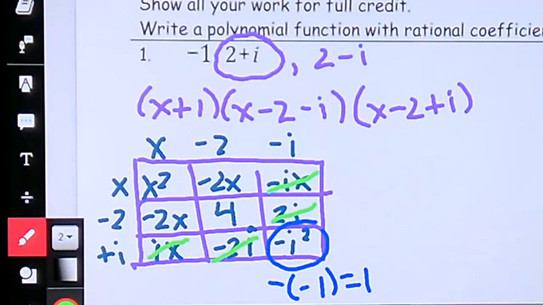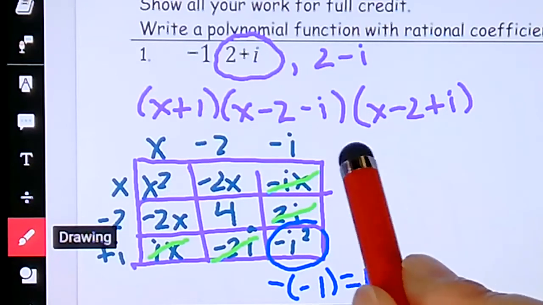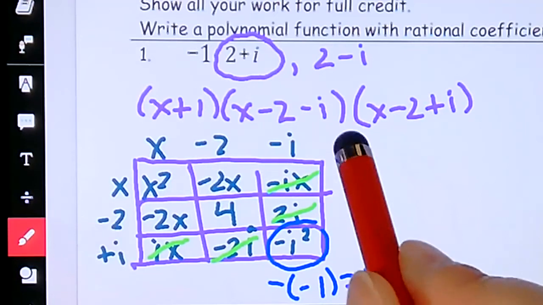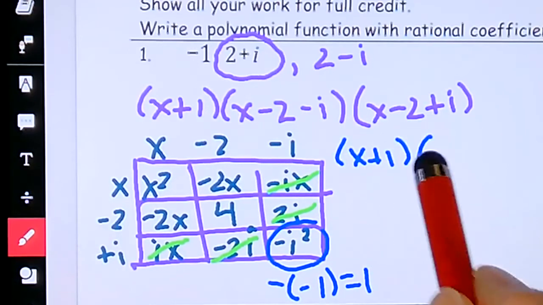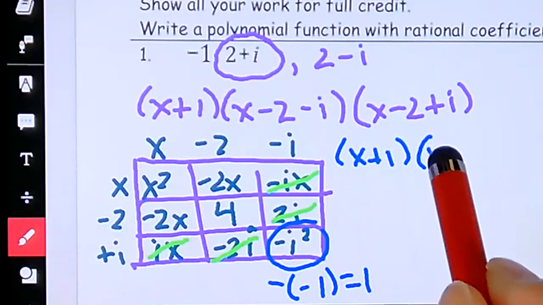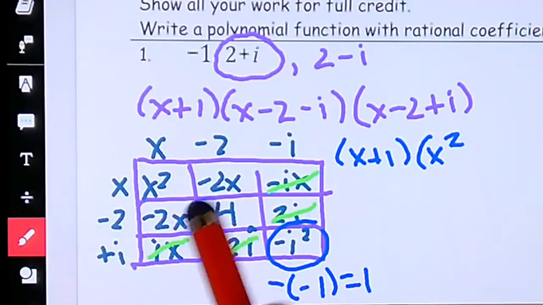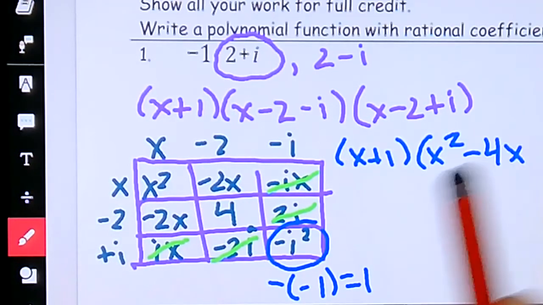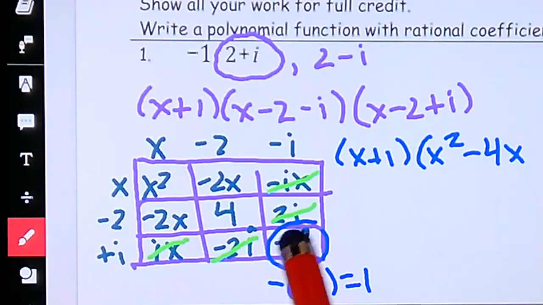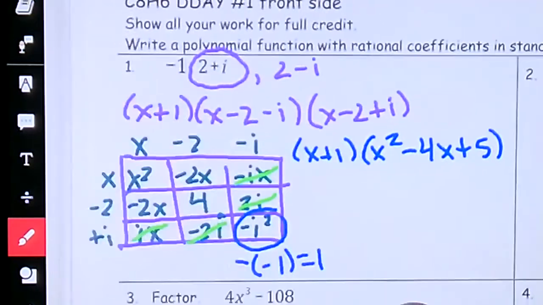Okay, and then my answer to this, when I clean this up, I am going to be taking x plus 1 still times what I got here, which is x squared minus 4x, and then I have this 4, and then remember this was really a 1, so that's going to be a plus 5. And then I'm going to multiply this out.